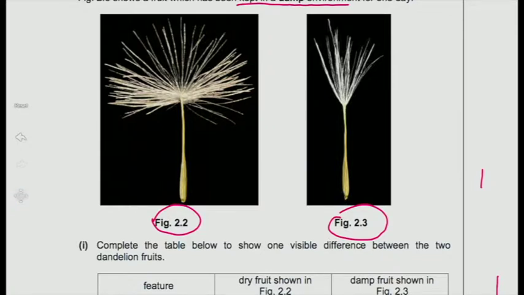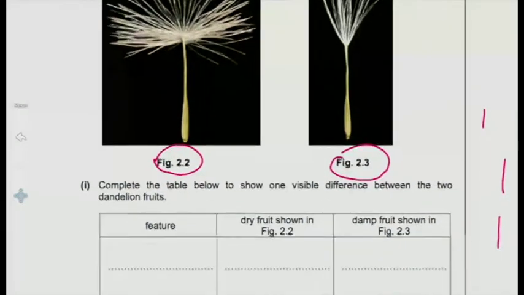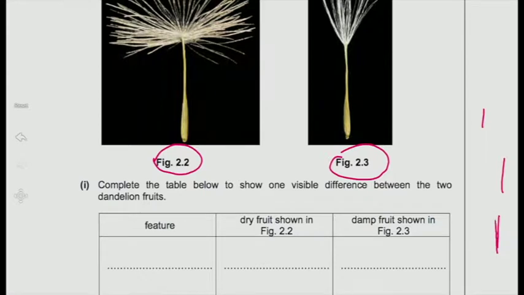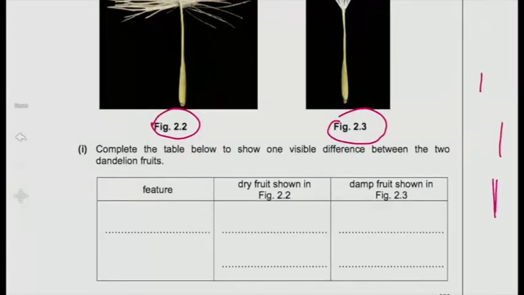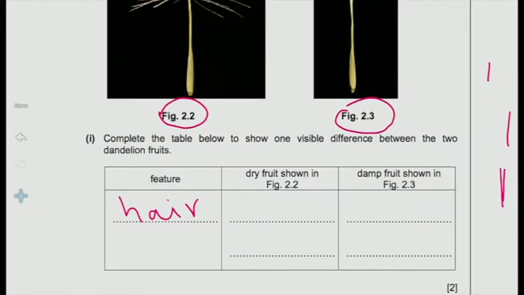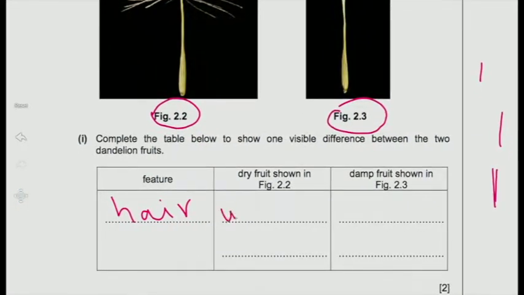What we call those features, as per the question, the features which are being compared here, is the hair. So the feature is the hair. And for figure 2.2, the hair is widespread, which means it's spreading out.